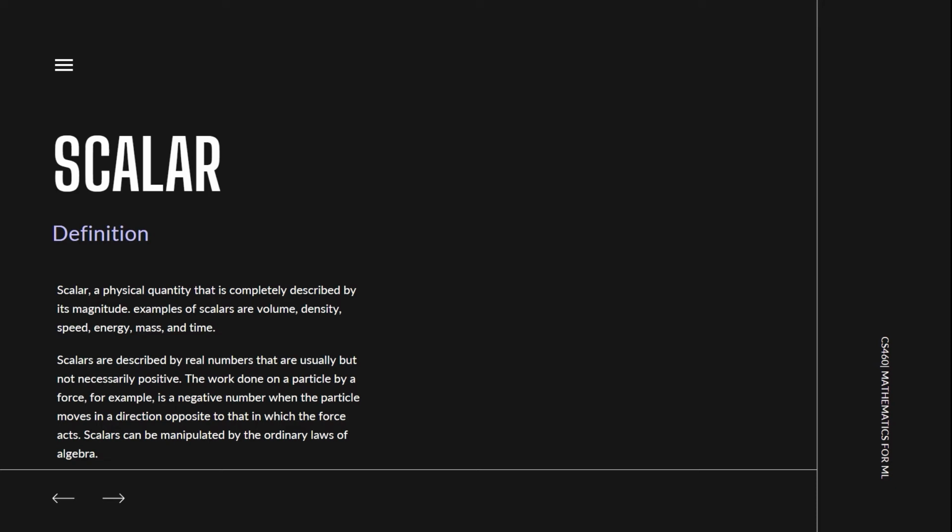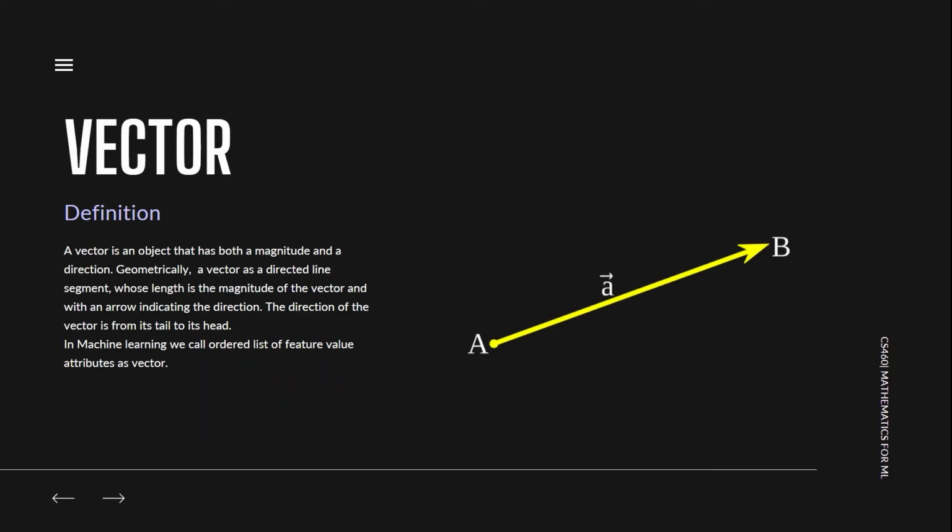This usually happens because we choose a certain point of reference as 0, but negative or positive here doesn't imply direction. Vector. A vector is an object which has both magnitude and direction.